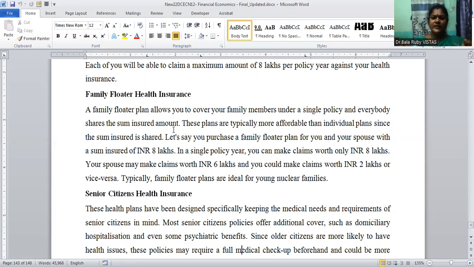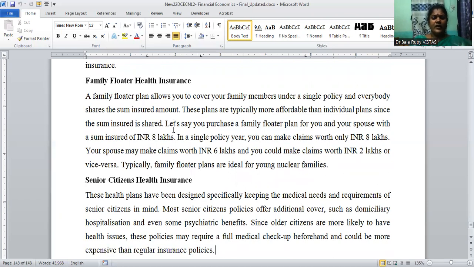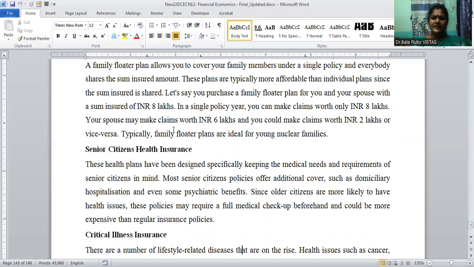In a single policy year, we can make claims worth only INR 8 lakhs. So your spouse may claim INR 6 lakhs, and you could make claims of INR 2 lakhs, or vice versa. Typically these family floater plans are ideal for young nuclear families.